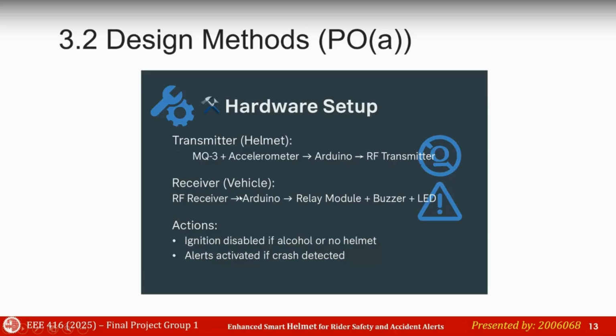In the receiver module, this processed data is decoded, and based on the status, it turns the motor on or off by a relay. This relay turning on and off basically represents the bike turning on and off. And for showing status, we are using an I2C display, and for showing alerts, we are using LED and buzzer.